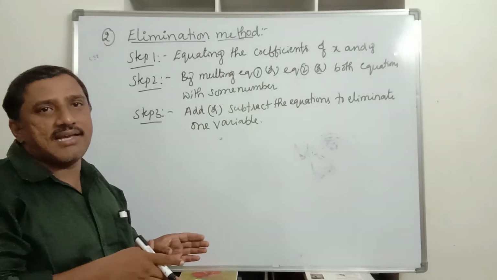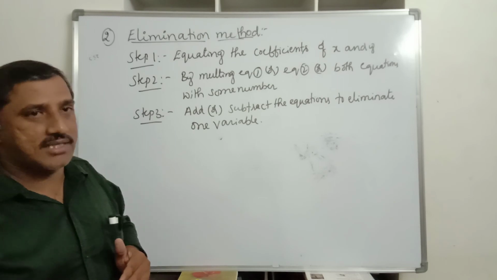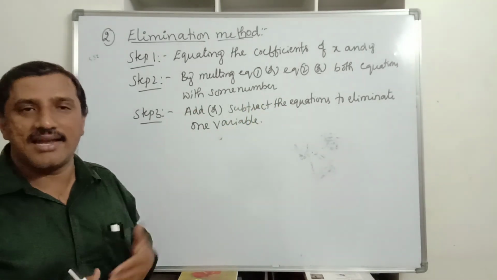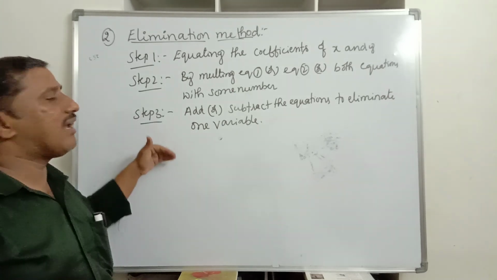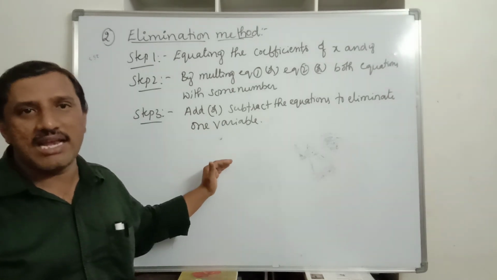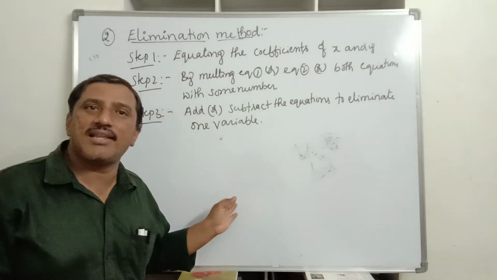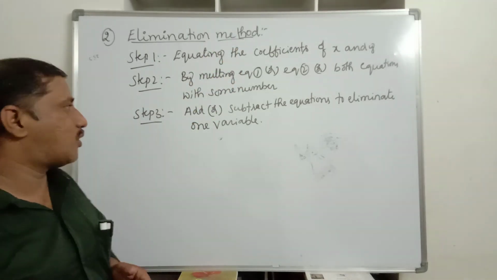When different signs are there with the same coefficients, add the equations. Then one variable will be eliminated, or cancelled, or removed. Then we can find the value of one variable, and substitute it in the given equation so that we can find the other variable's value also.